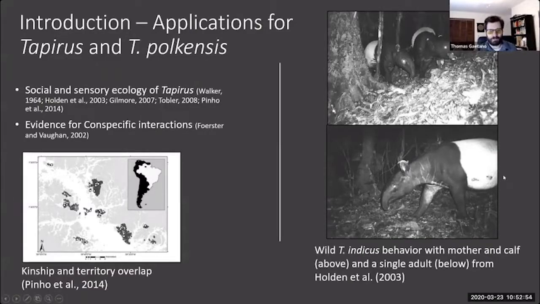And on this map down here, scientists were collecting DNA from tapir droppings in their natural habitat and using that to put a spatial component on related individuals and their territories. What they found was that closely related tapirs are not any more likely to overlap in their territory than more distantly related individuals. They don't aggregate in large groups, and they don't aggregate in small groups that are cooperative and have long-term relationships.